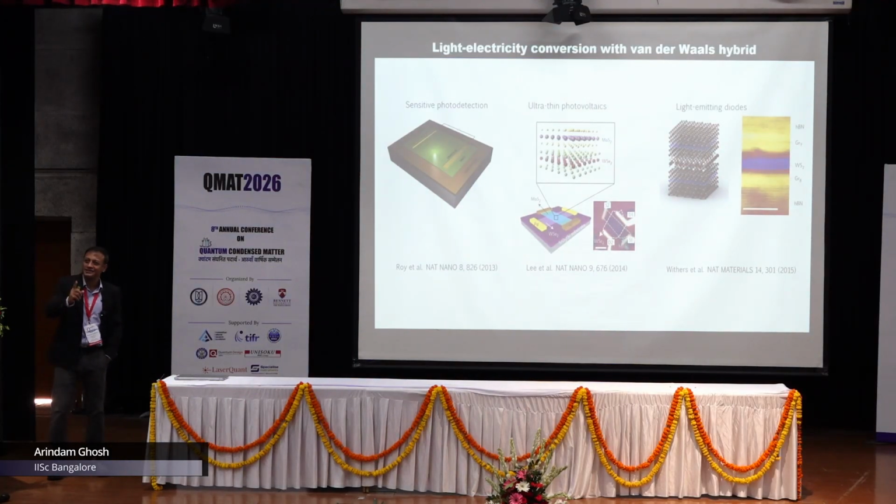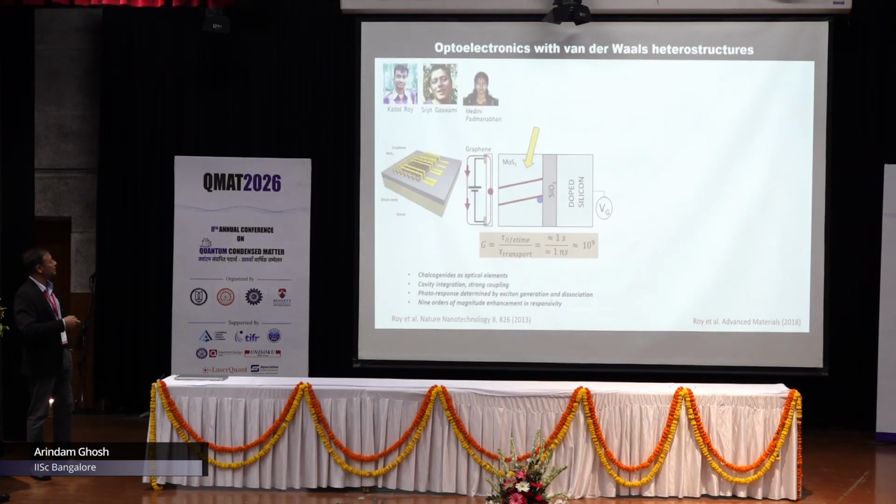Anyway, so we started this long time back, around 2013. This is light to electricity conversion. Just to give you an example, this we did long time back. Essentially, the idea is that by doing these heterostructures, you can exploit the best of two worlds. How?